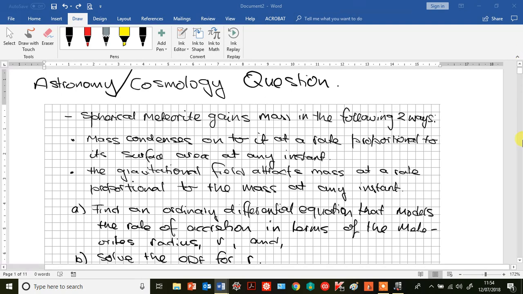The question that we are given is this: a spherical meteorite gains mass in the following two ways. The first way is that mass condenses onto it at a rate proportional to its surface area at any instant, and the gravitational field attracts mass at a rate proportional to the mass of the meteorite at any instant.